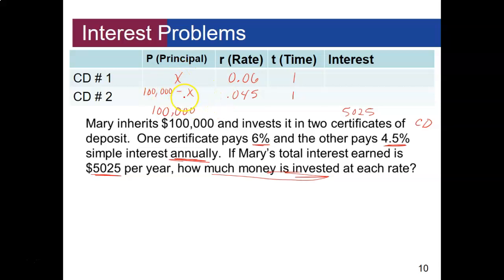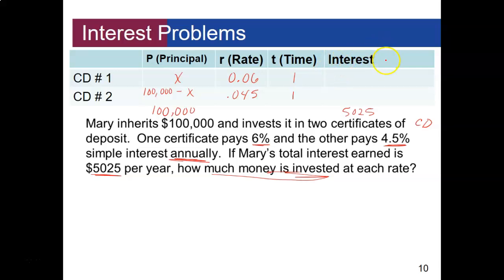If that's a little abstract, think of it this way: if you invest $10,000 in the first CD, that leaves $90,000 in the second. $60,000 in the first leaves $40,000 in the second. It depends on what the first one is, and then you do the total minus the first. Since we don't know the first, we use a variable and do 100,000 minus that variable to get the principal for the second CD.